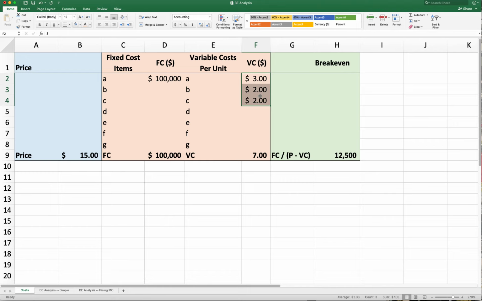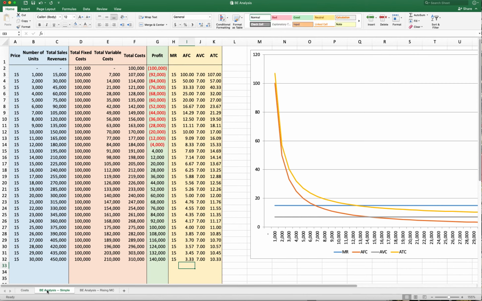This is all very simplistic: really one fixed cost, and the variable cost is not going to rise over time. Usually these variable costs would start to rise. This is a simple example, but I just wanted to show you what the graph looks like. I put this together.